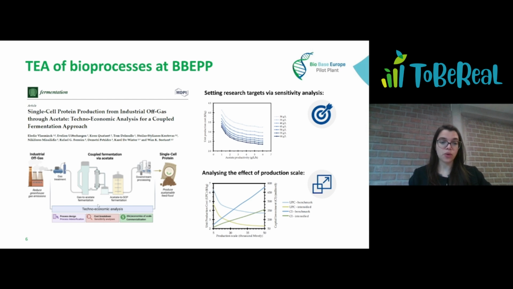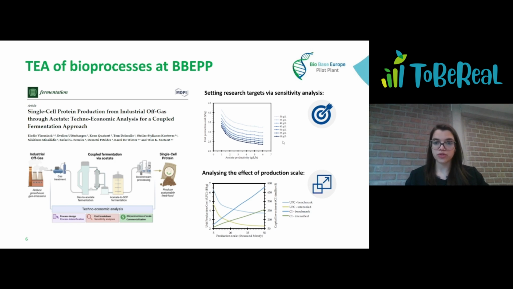And the overall simulation of this process and the TEA helped us, for instance, in setting the research targets of acetate productivity and concentration that we need to reach in order to achieve a competing production cost for our microbial protein. So if, for instance, you say you need to get the price down to 2.5 euros per kilogram, you know which acetate productivity and concentration you need to target for that.